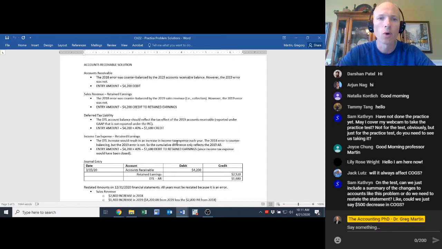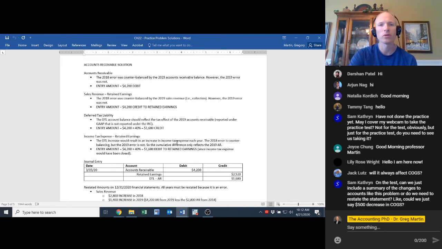And so the only change to the accounts receivable account that I need to make is whatever outstanding balance I have at the end of 2019. So if the 2018 is still outstanding, then it's included in the 4,200. And if it had been collected, then there's nothing to worry about anyway. So no matter what, that 2018 balance is not an additional part of this entry. The total entry amount is 4,200. So I need to increase my accounts receivable by 4,200, because it accumulates in that account.